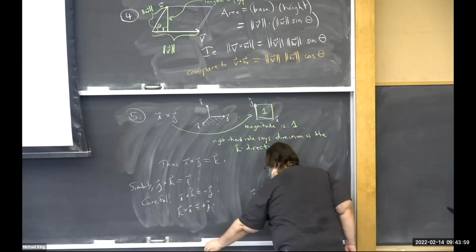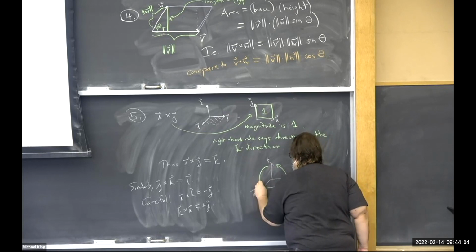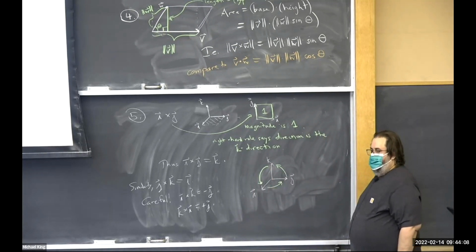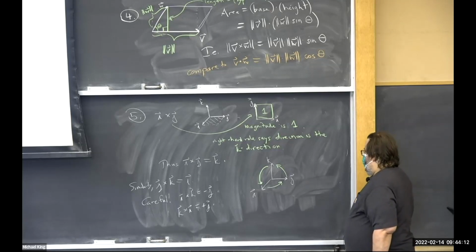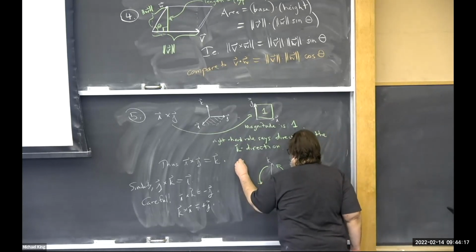So I think, okay, I cross J is K, J cross K is I, and K cross I is J. They kind of go in that direction. That's my little picture of this in my head.